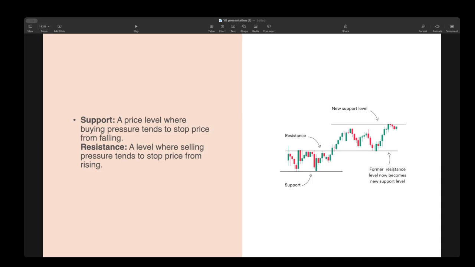If someone goes long at support, right, and support breaks, and then price moves back into that support after being underwater, they will likely sell out of their position because it is now at break even, right? So they get to exit their position without a loss. Now, obviously, those are not the only reasons, but that's just one way to think about it and understand why support resistance flips do happen.